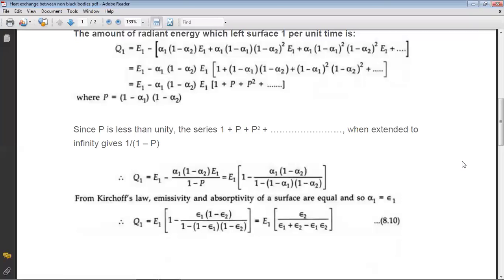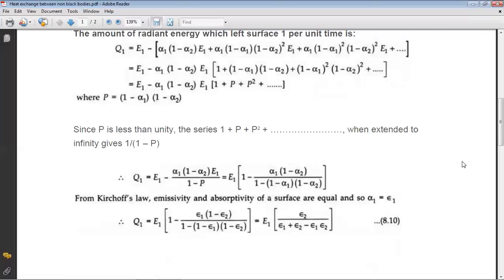Now if I do so, I will be having expression Q1 is equals to capital E1, which is the radiant energy emitted by surface 1, multiplied by 1 minus, in place of alpha 1, it is epsilon 1 into 1 minus epsilon 2 divided by 1 minus of epsilon 1 into 1 minus of epsilon 2.